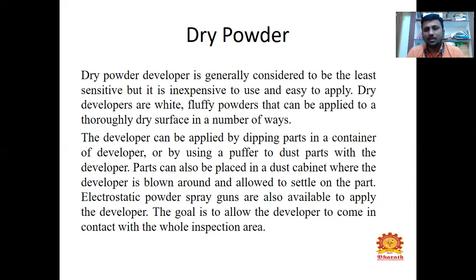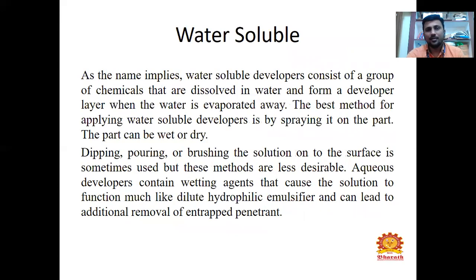Parts can also be placed in a dust cabinet where the developer is blown around and allowed to settle on the part. Electrostatic powder spray guns are also available to apply the developer. The goal is to allow the developer to come in contact with the whole inspection area.